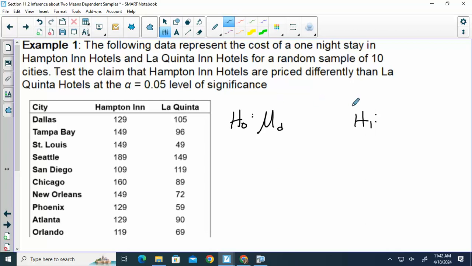We can look at the difference. The null should be that there is no difference, so that equals 0. Alternative, what are we testing? If it is different, which is not equal to 0.